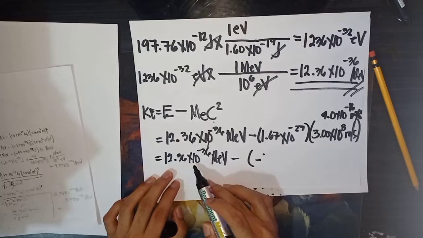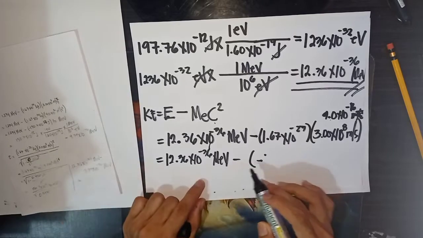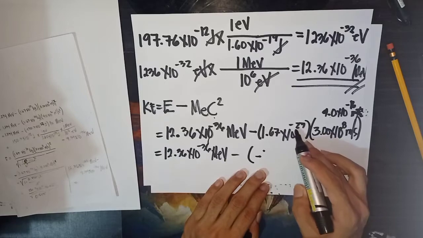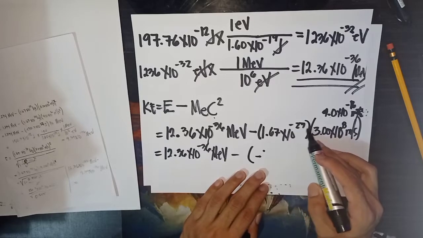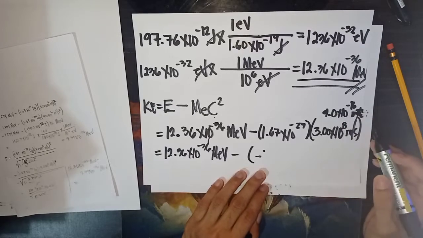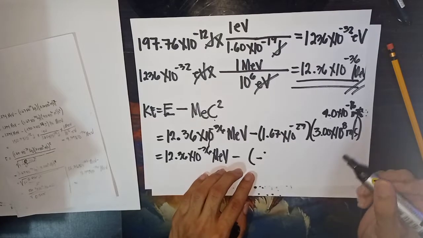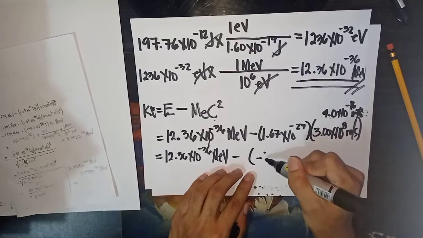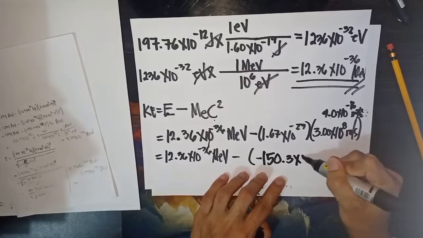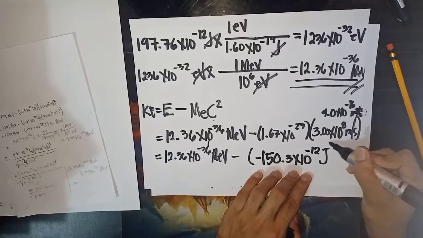So we have 12.36 times 10 raised to the power of negative 36 MeV minus 1.67 times 10 raised to the power of negative 27 multiplied by 9.0 times 10 raised to the power of 16. That would be negative 150.3 times 10 raised to the power of negative 12 joules.